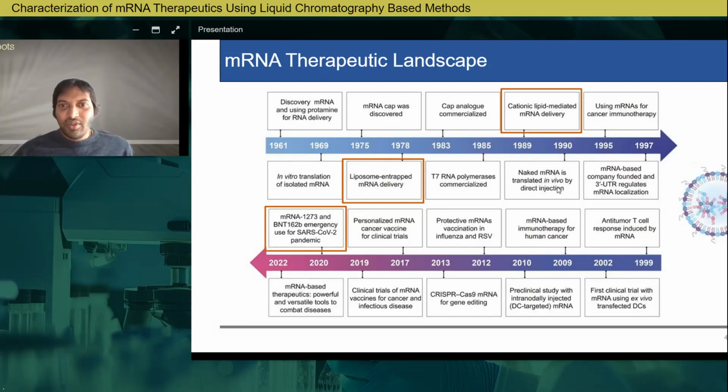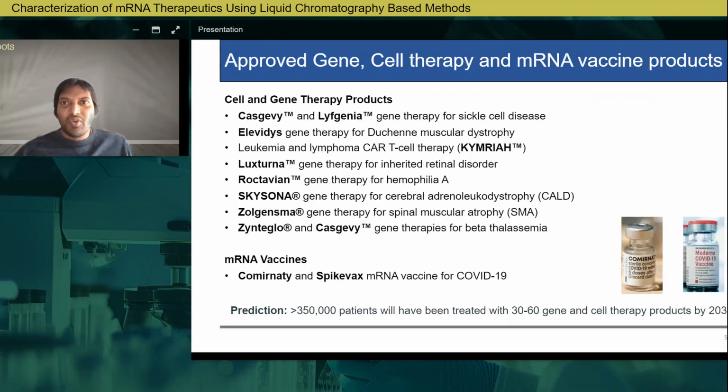I want to look more at the approved cell and gene therapy products and the mRNA vaccine products available. Currently for cell and gene therapy products, we have the gene edited products Casgevy and Lyfgenia, which are for sickle cell disease. Casgevy is from Vertex, Lyfgenia is from Bluebird. We also have an AAV gene therapy vector, Elevidys, for muscular dystrophy.